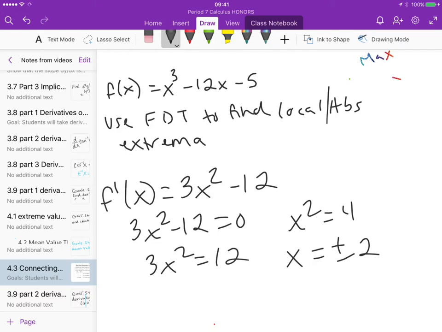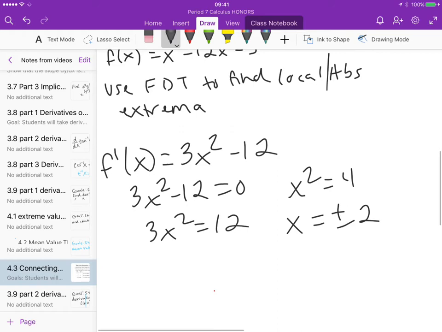So we know the derivative of this function is going to equal 0 when x is positive 2 and when x is negative 2. And this is going to let us know that these are the critical points.